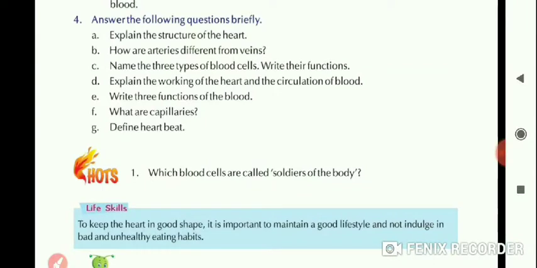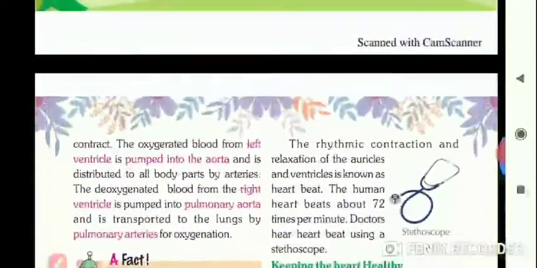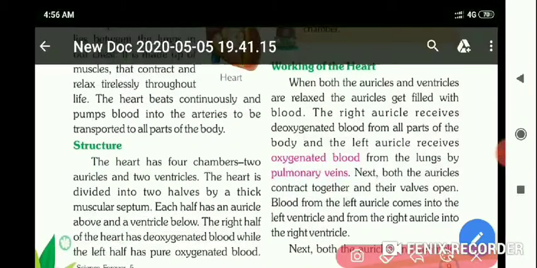Explain the working of the heart and circulation of blood. For working of the heart and circulation of blood, come to page number 9. See, here it is given working of the heart and circulation of the blood. Now you have to write down from here. When both the auricles and ventricles are relaxed, the auricles get filled with blood.